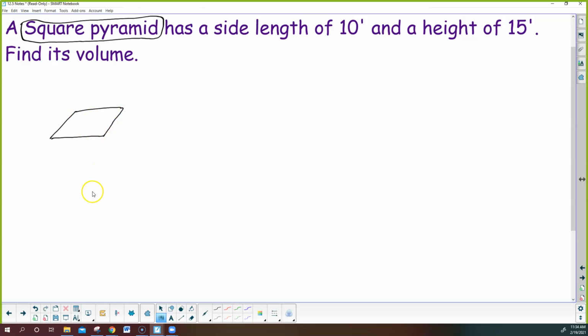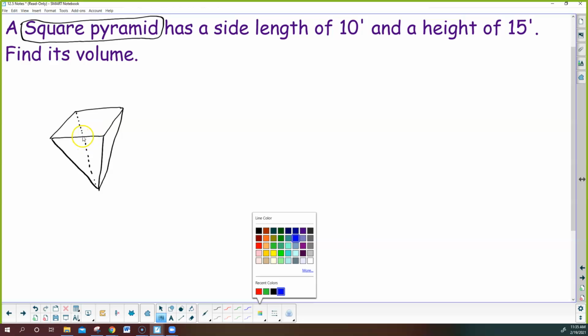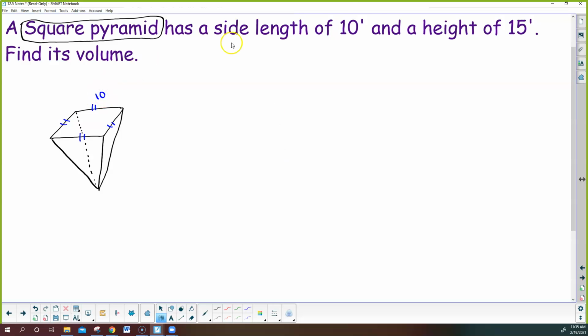And then I'm going to draw this one opening downward just for fun. But we know that it's a square, so we know that all of those side lengths are 10 feet.